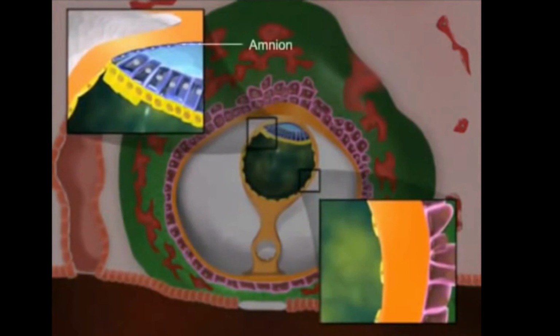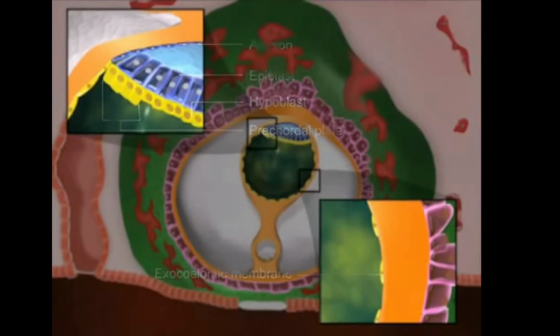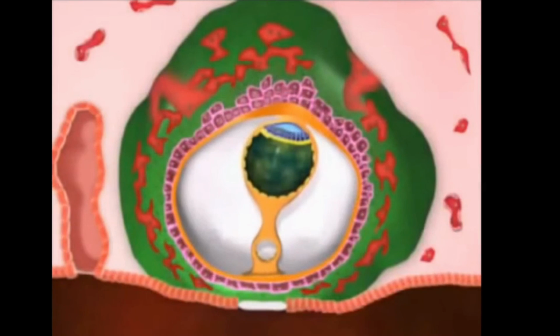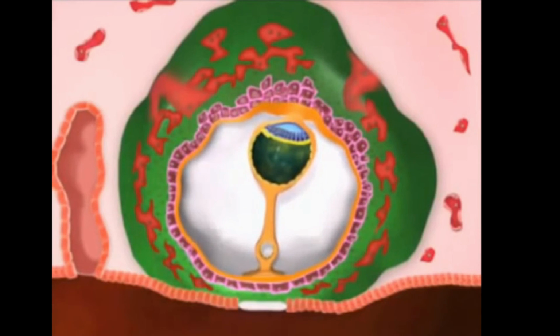As well, you can see there is formation of columnar cells of the hypoblast, known as the precordal plate. This precordal plate develops at the cephalic end of the embryonic bilaminar germ disc, which will give rise to the central axis of the embryo.